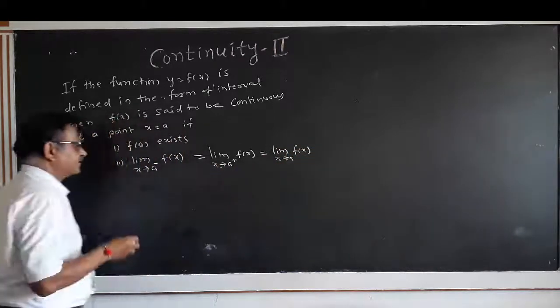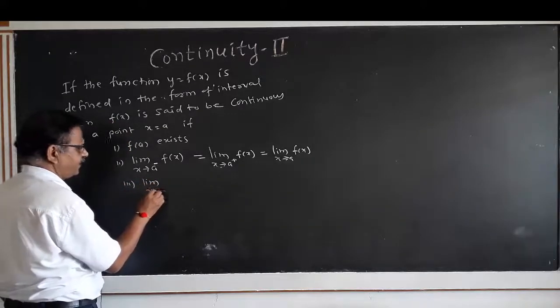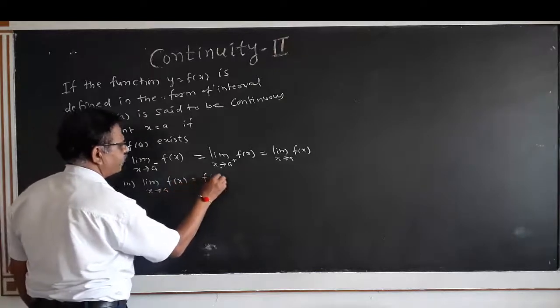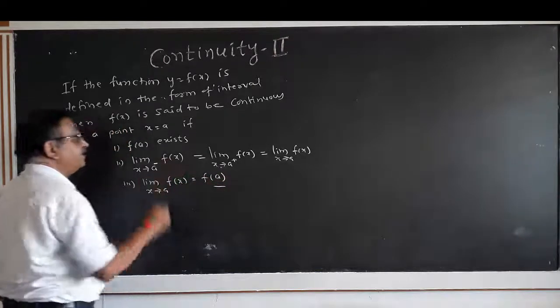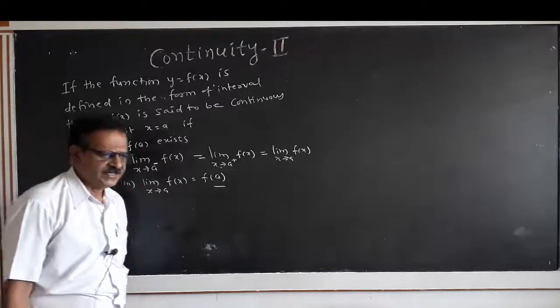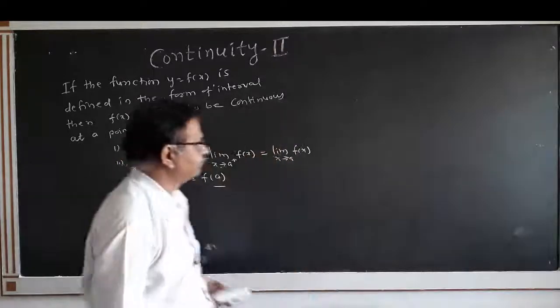If this happens, and then third, limit x tends to a of fx equal to f of a. Then the function is said to be continuous at a point x equal to a. Now we will try to solve the problems on this definition.